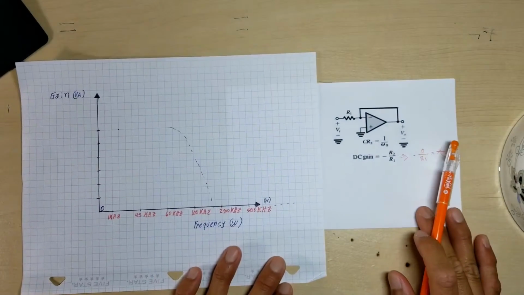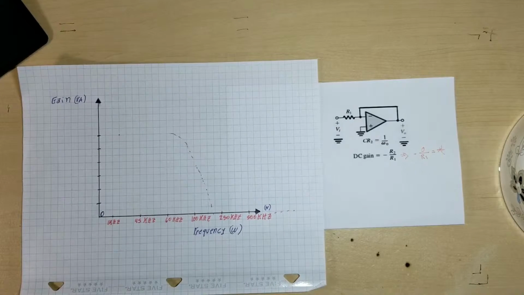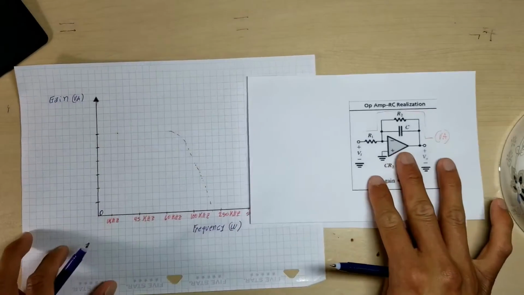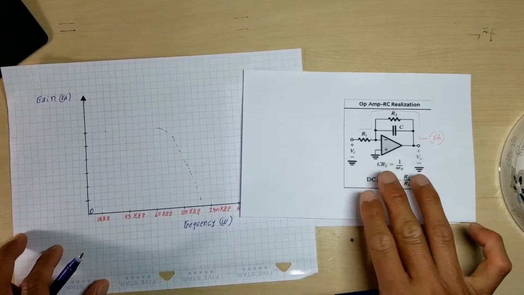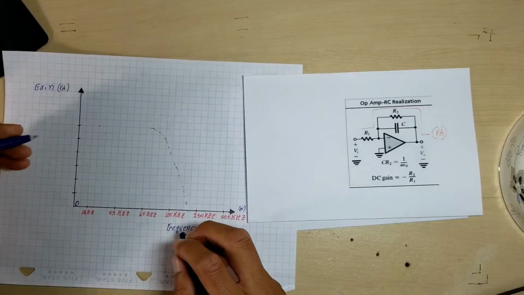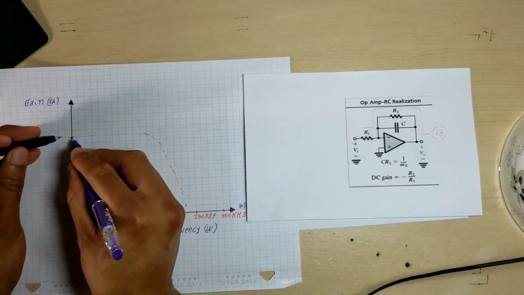Okay, we have a nice graph. We have our gain and our frequency. And now let's do our switching. Right here we have our nice frequency, a nice circuit just flowing, very nice and behaving.